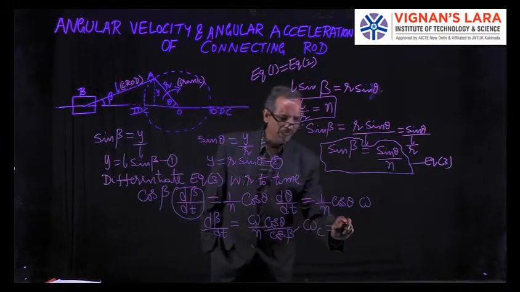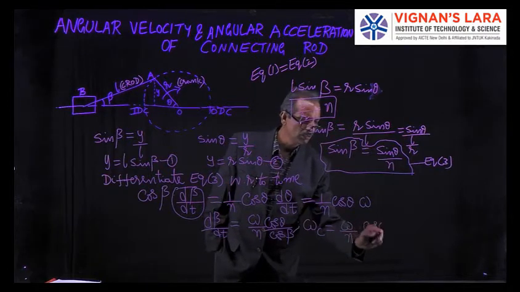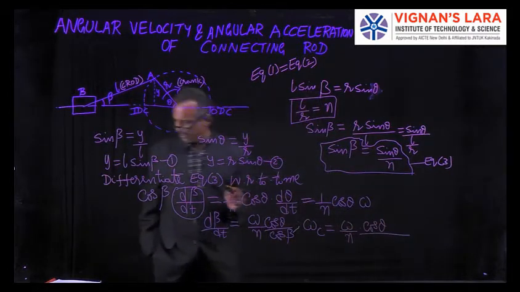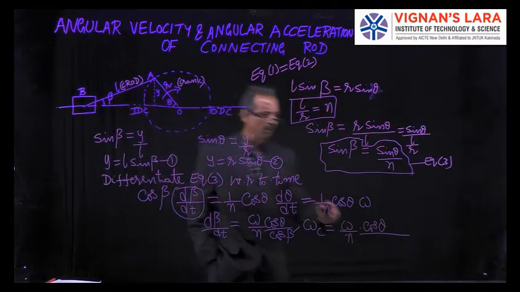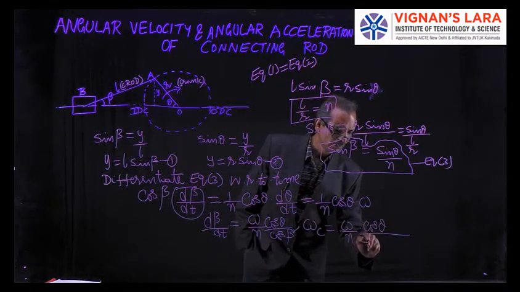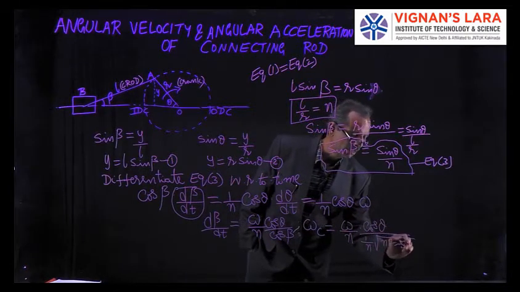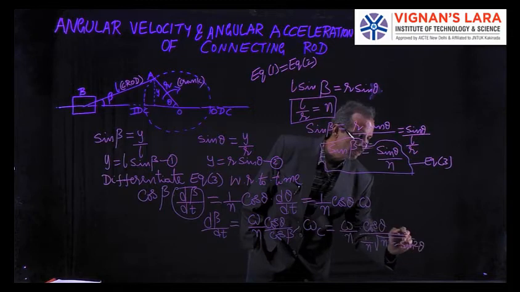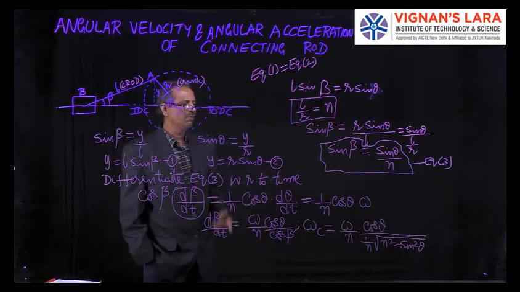So omega by n cos theta, and cos beta we have already written earlier, that is 1 by n root over n square minus sin square theta. This part we already derived in the first lecture, cos beta we have derived.